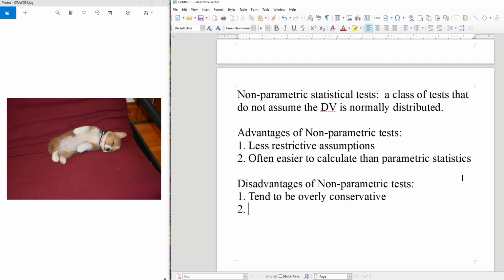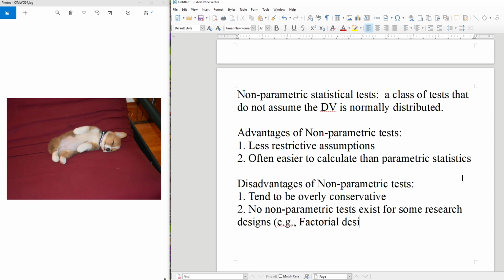And then the second one, and this is a fatal one in some cases, is that non-parametric tests don't exist for some research designs, e.g. the big one is factorial designs.